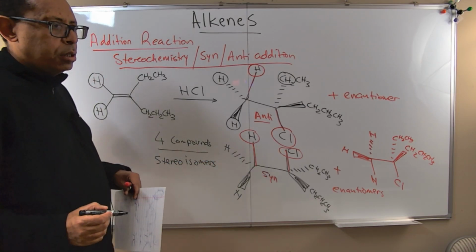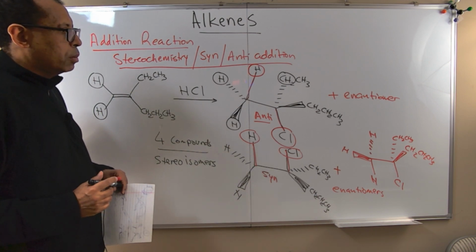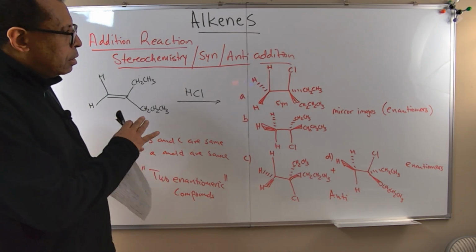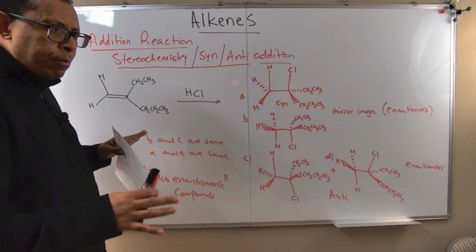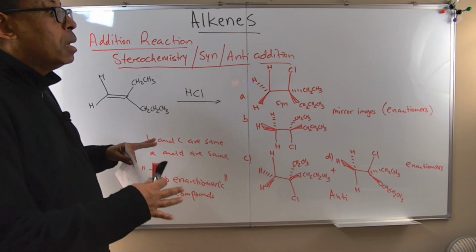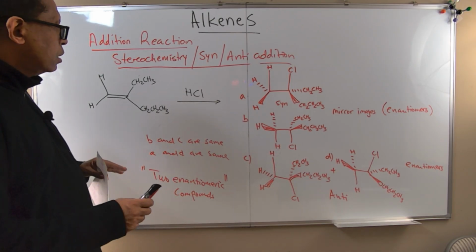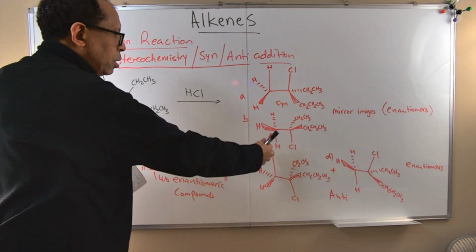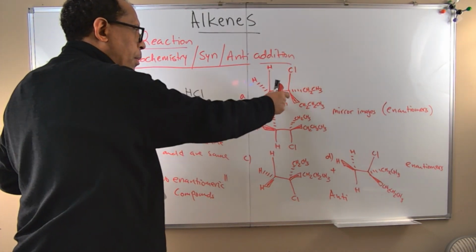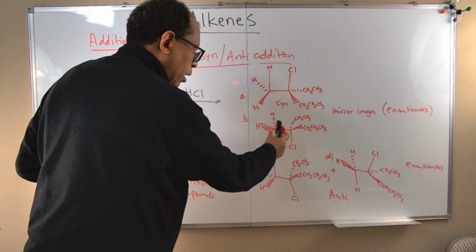Okay, so we'll continue more on the stereochemistry with some more examples. From just what we have discussed, it looks like 4 different possibilities, not compounds. Now from syn addition, you get mirror images. These are syn addition, one from top and the other from bottom.